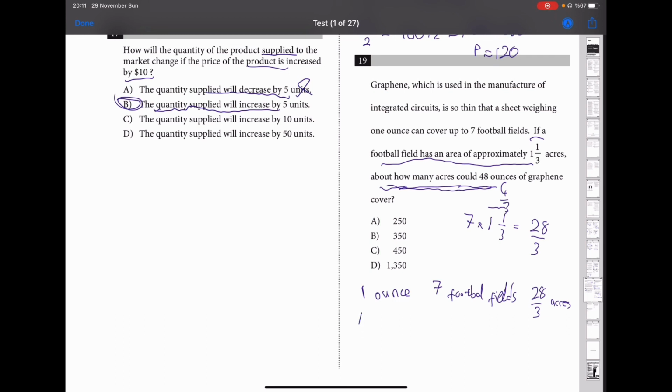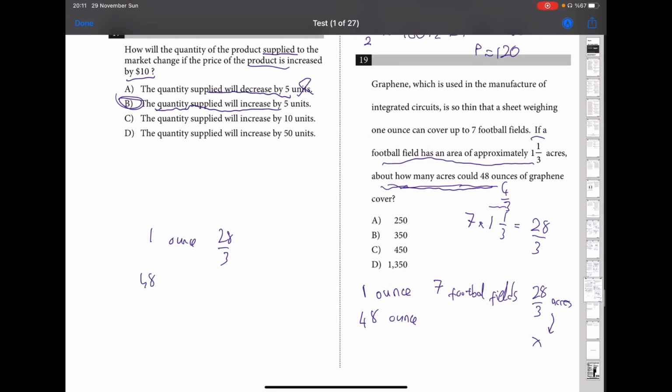So 48 ounces would cover X acres. Okay, let's solve the equation. 1 ounce was 28/3.